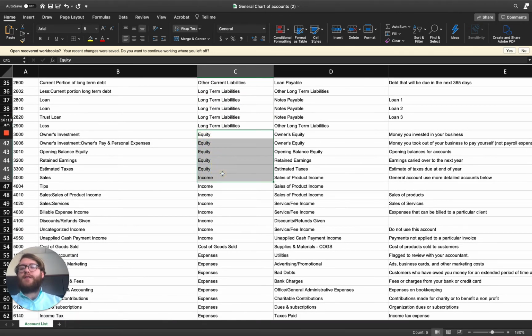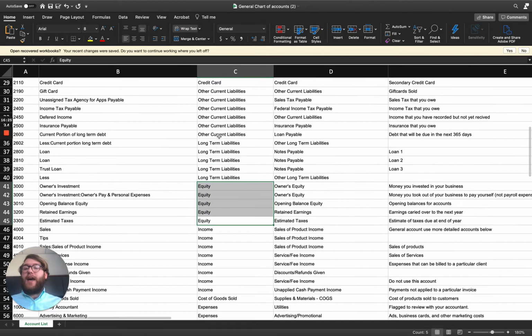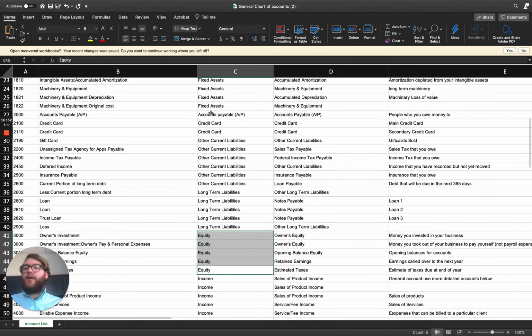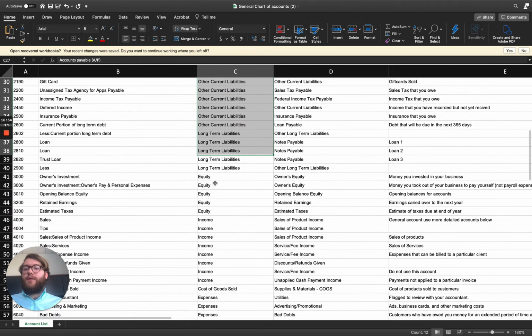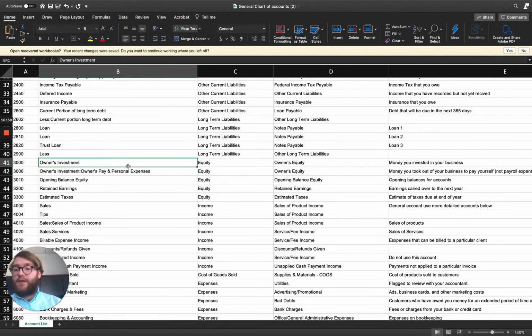Equity tells us basically what is left in the company after we take all of our assets, all our bank accounts, and pull out all of our liabilities. We always have owner's investment, and then owner's pay and personal expense as two separate accounts, because a lot of business owners will invest money into their company and pull money out of their company throughout the year.